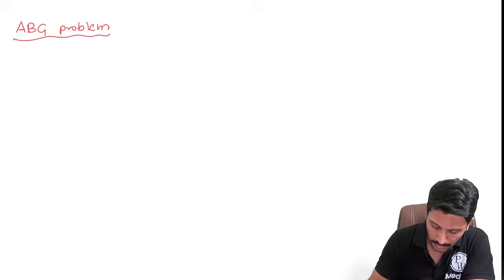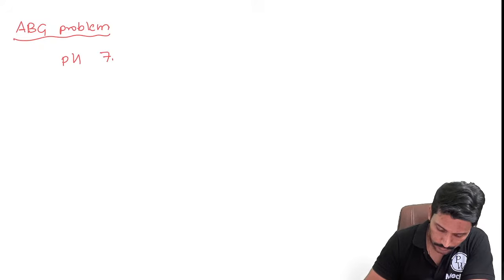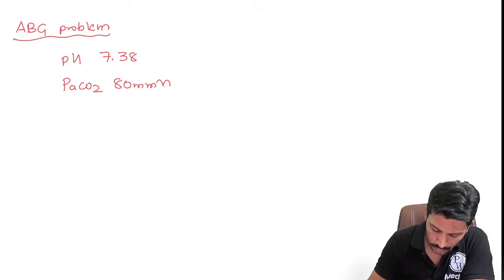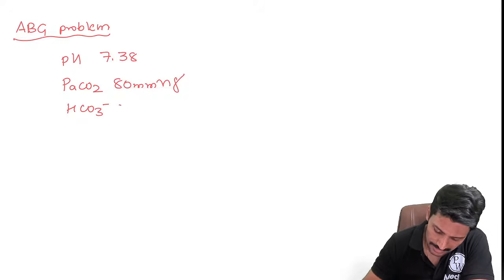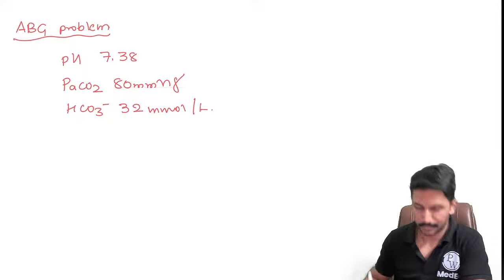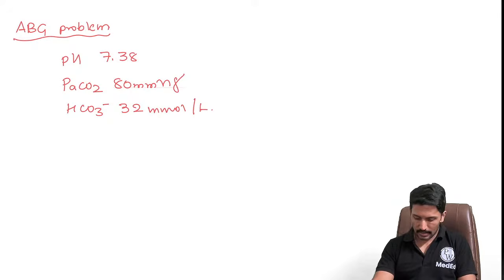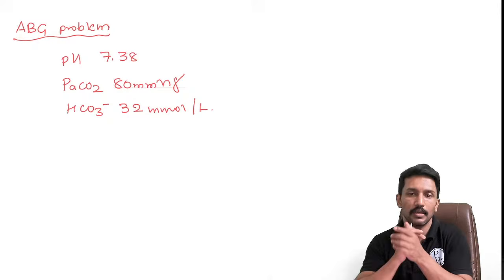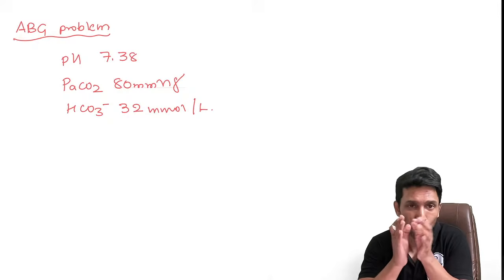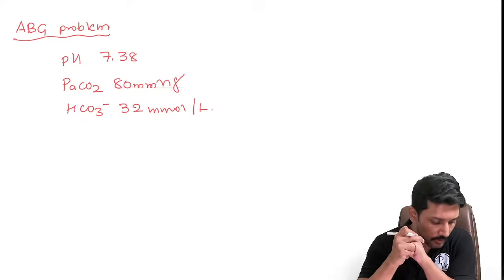Here I have a patient whose pH is 7.38, his partial pressure of carbon dioxide in the arterial blood is 80 millimeters of mercury, and his bicarbonate is 32 millimoles per liter. Now tell me, is there any acidosis, alkalosis, or is it normal? You know the normal pH, you know the normal carbon dioxide, you know the normal bicarbonate.